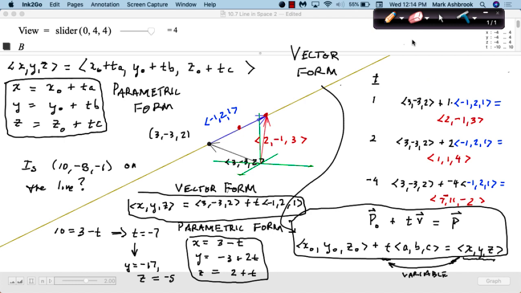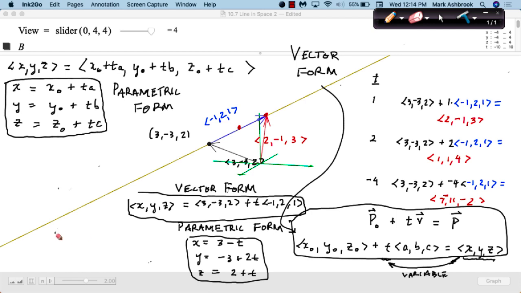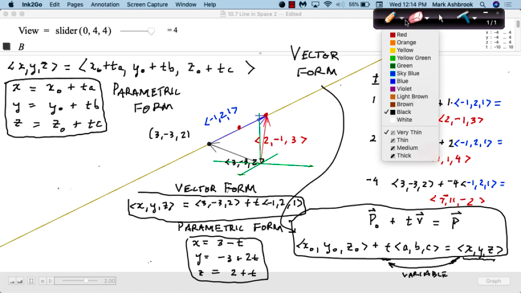All right, how about this? Make some room for me here. What about this line? Violet, that's pretty.